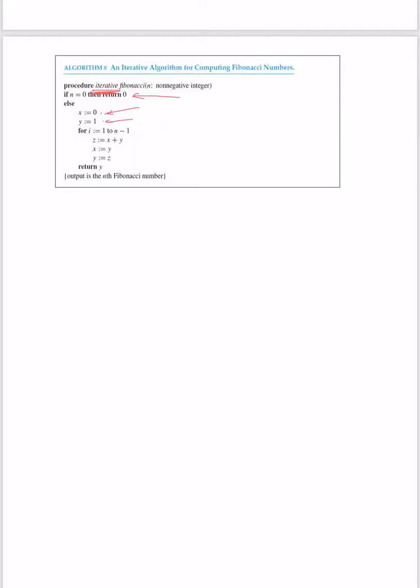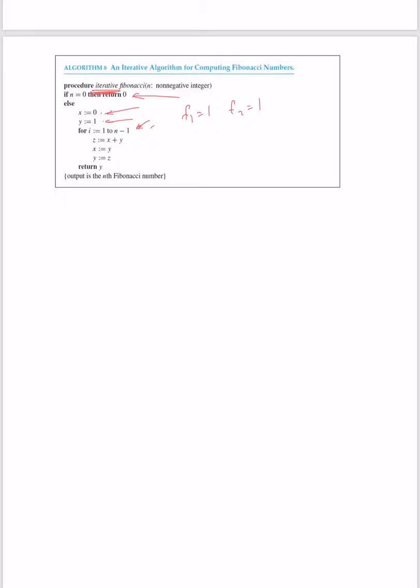F1 equals 1, F2 equals 1. So what happens here with 2? I goes from 1 to n minus 1. So here we don't even start the loop with n equal 1, because it goes from i is 1 to n minus 1.